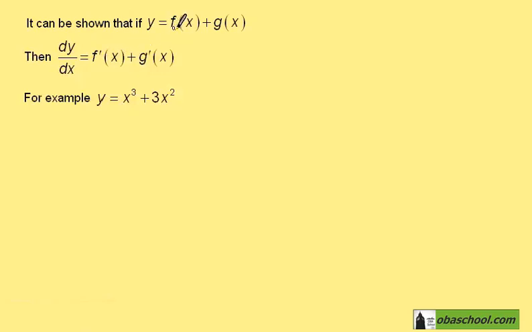So we simply differentiate this function and this function, and their sum is dy/dx. This process generalizes to more than two terms. So if we have 3 terms or 4 terms, we just differentiate each in turn to get dy/dx.